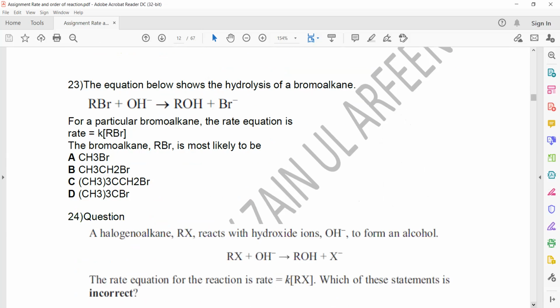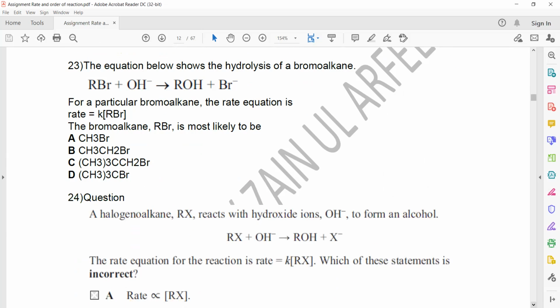Then 23, the reaction shows hydrolysis of a bromoalkane. The rate equation is given. So it should be A, because the rate only involves the halogenoalkane, so it should be a tertiary halogenoalkane. Which of them is a tertiary halogenoalkane? D. Yeah, that's right. D.